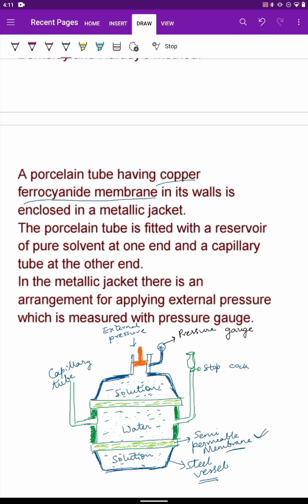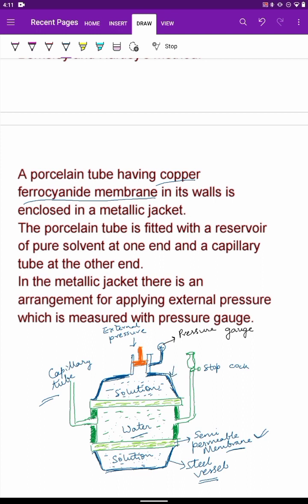So this is water here, that is the pure solvent. It is connected to a reservoir, and at the other end you can see there is a capillary tube. Externally, this is the metal jacket. You can see I have marked with blue color this external part. This is the metal jacket.